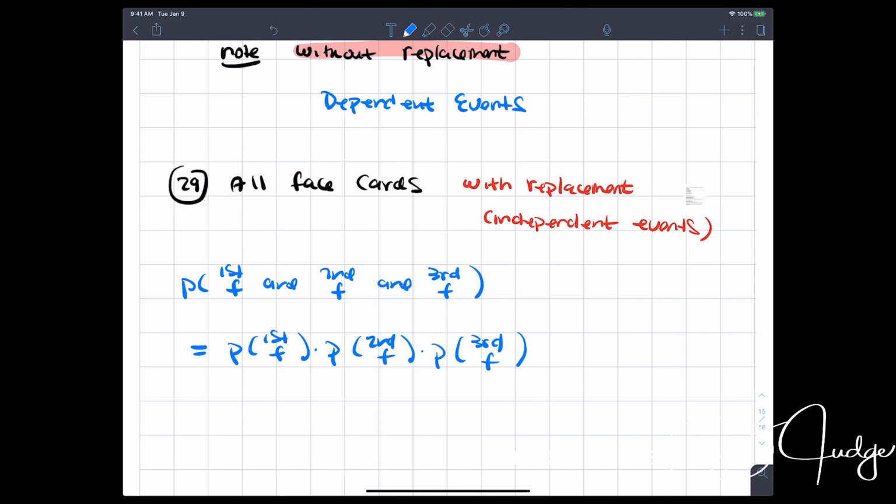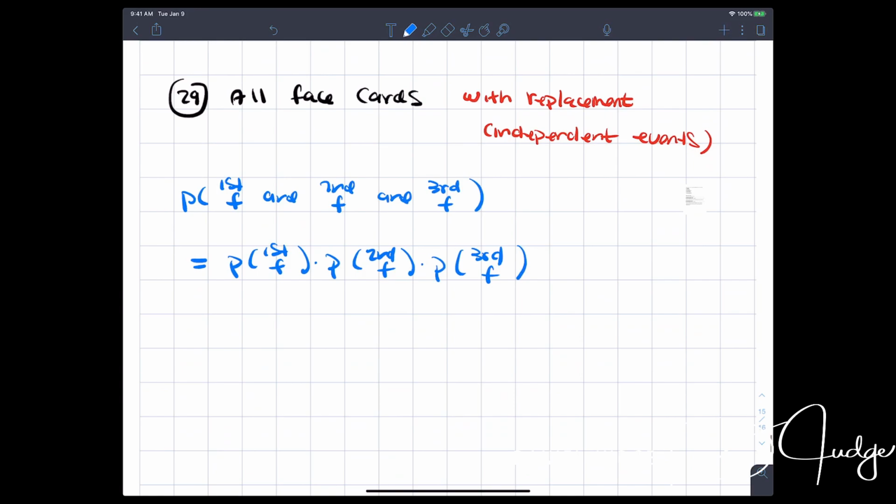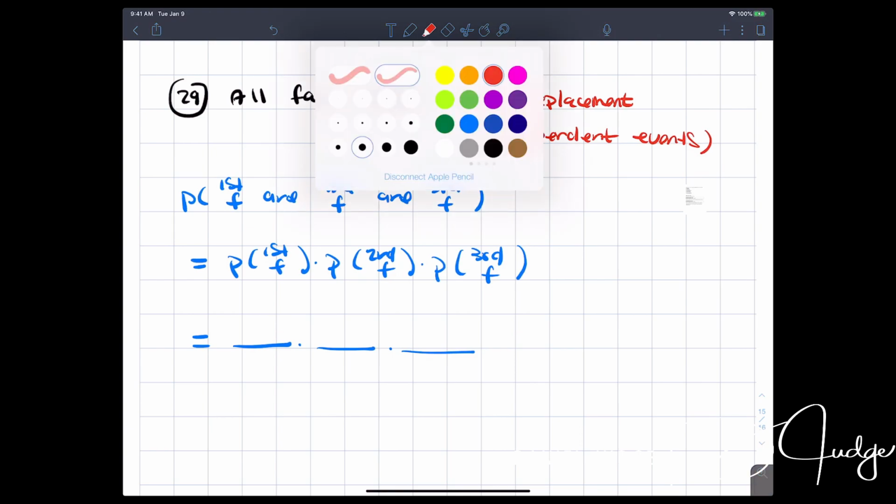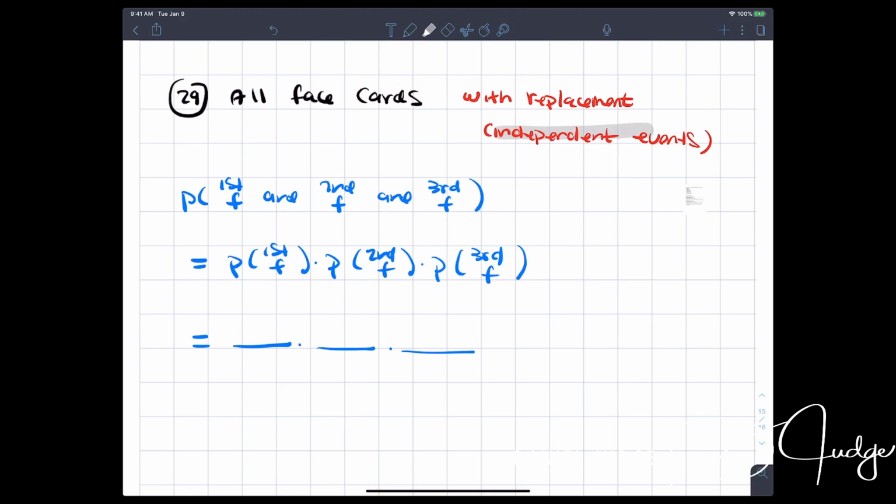I don't have to write the conditional part anymore. And that's an advantage. We don't write the conditional part because it's equal. These events are, again, independent. That's why I could leave the conditional part out.